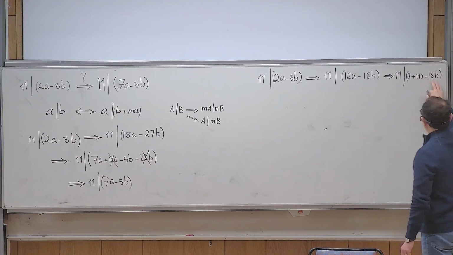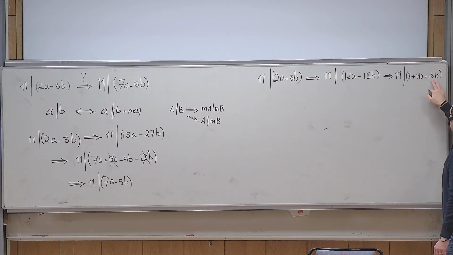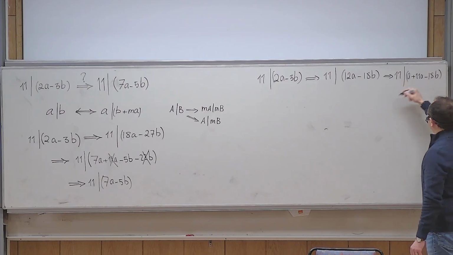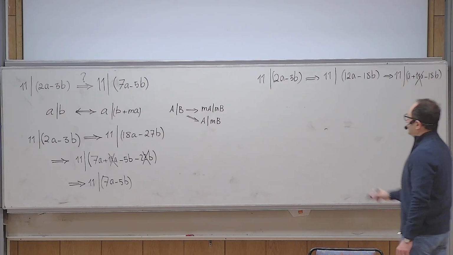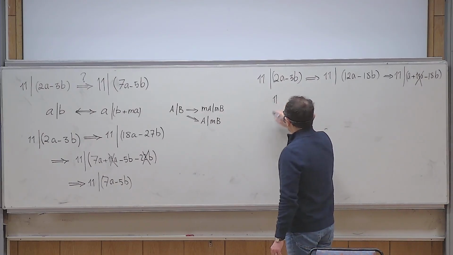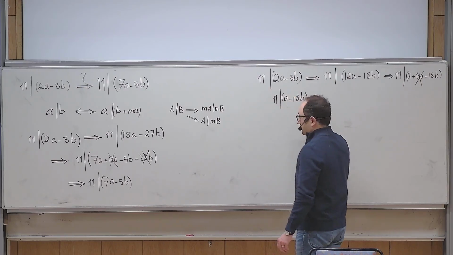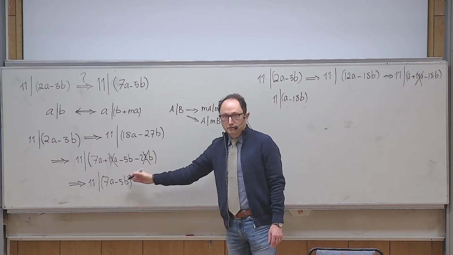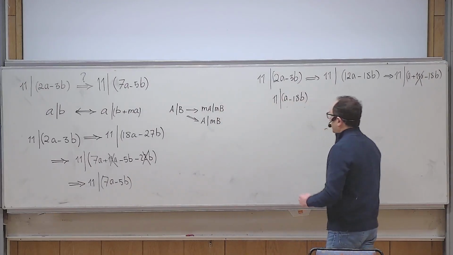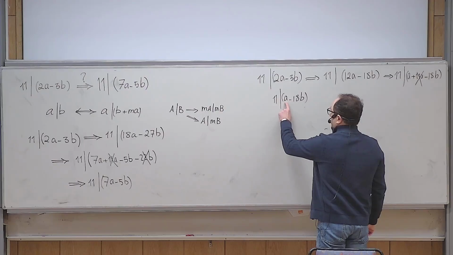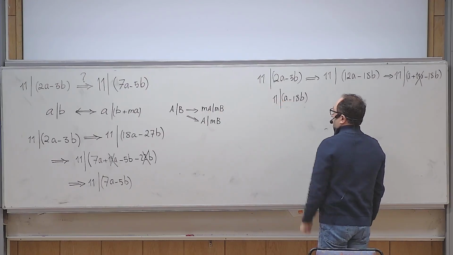I intentionally don't touch the second term. But 11a is a multiple of a, so that can be cancelled. Then I have this 11a minus 18b. I'm not saying this is the best way, probably that one was the optimal way to do it, but that's also okay. The point is to make the coefficient of one of these variables equal to 1.